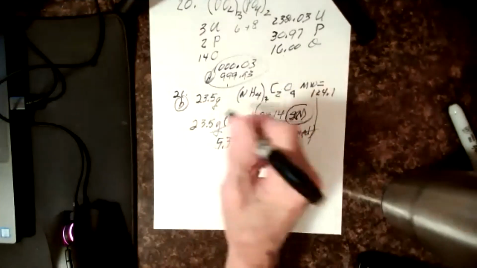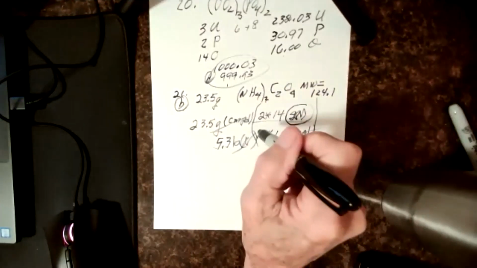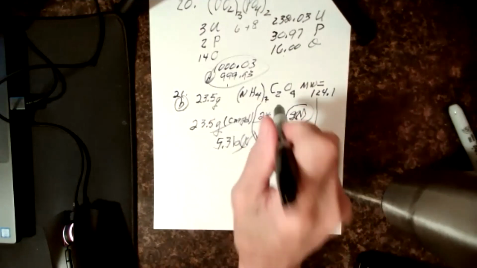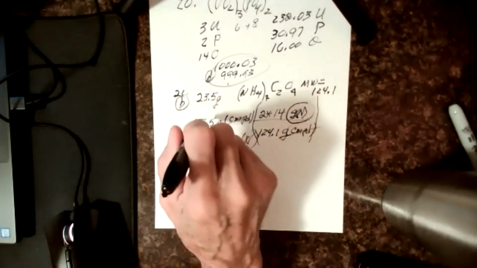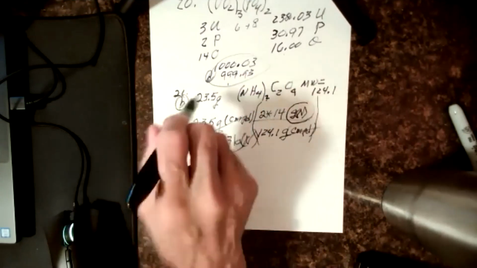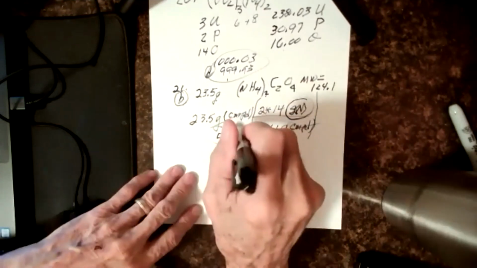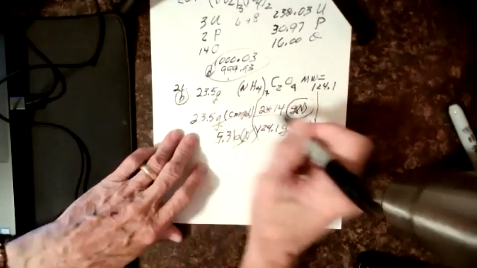Now, like I said, I did not convert grams of this to moles of this. I did not convert from moles of compound to moles of nitrogen. And I did not convert from moles of nitrogen to grams of nitrogen. I didn't do that the hard way. I did it as any unit conversion.